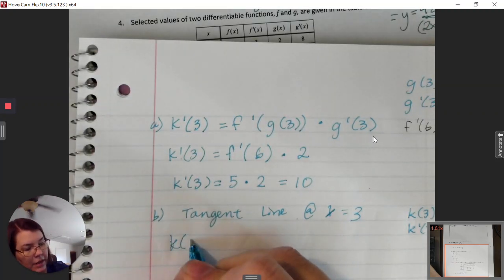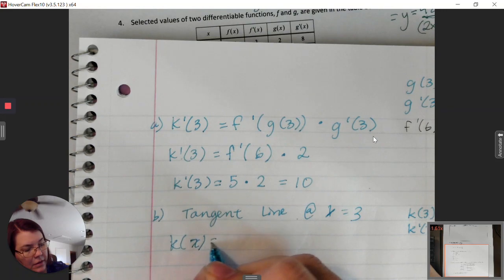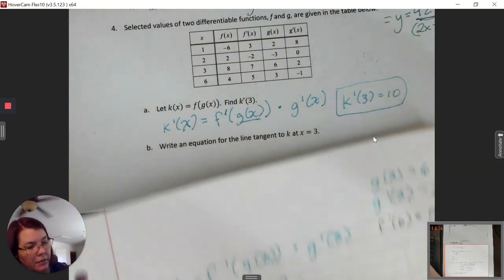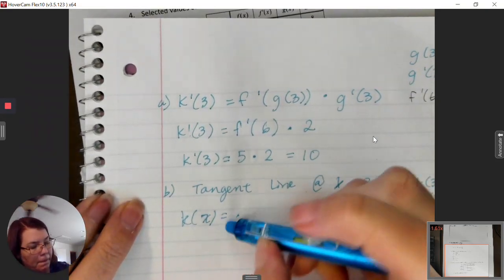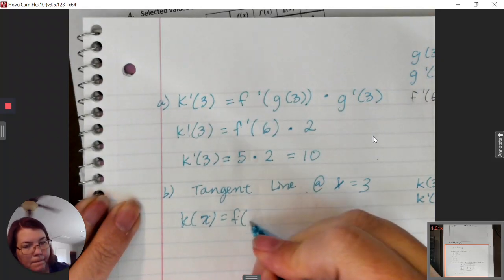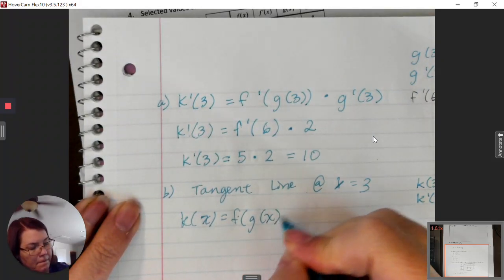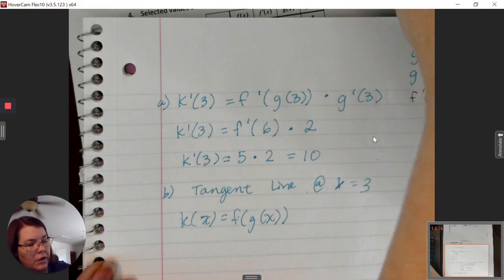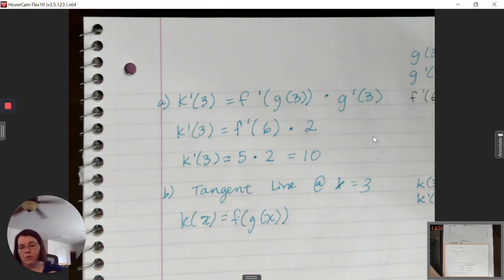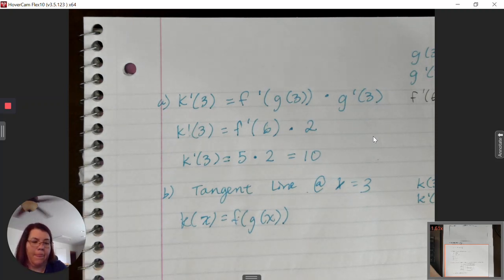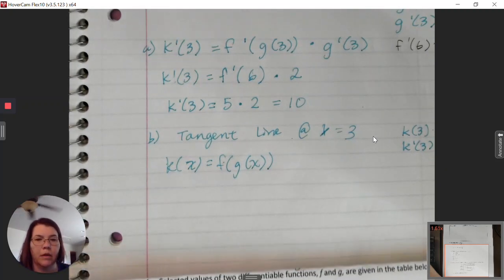So k was again defined as f of g of x. I'm going to keep my table here so I can have it when I need it.